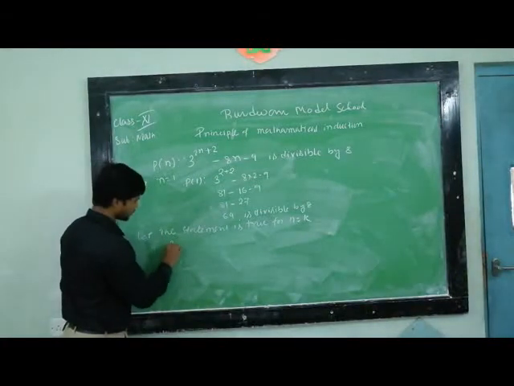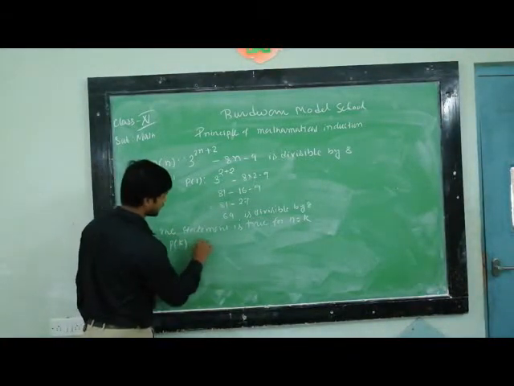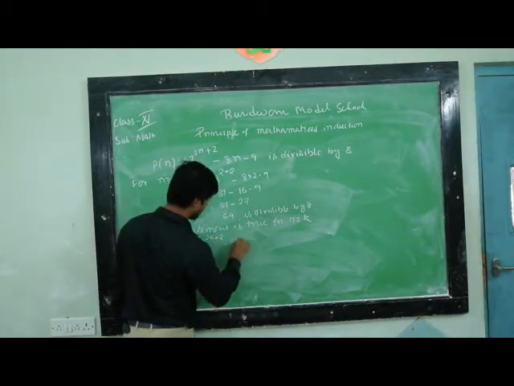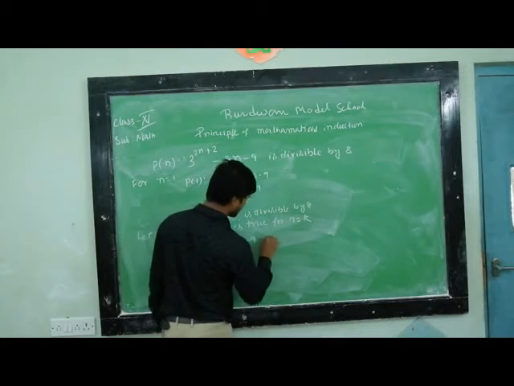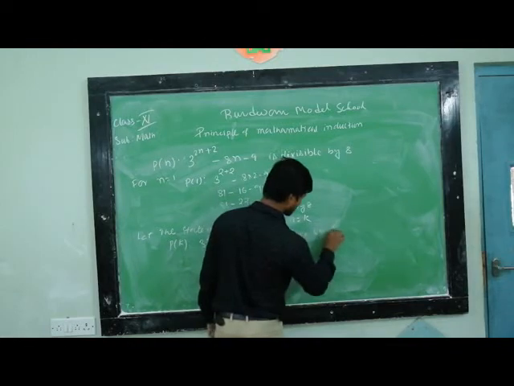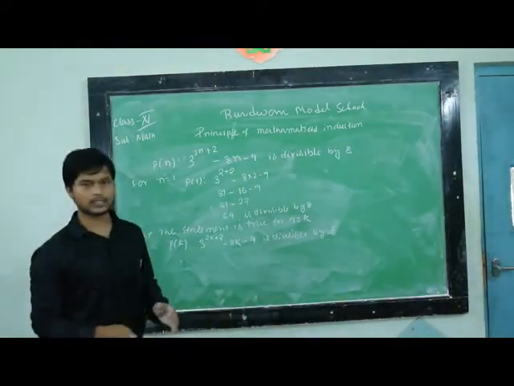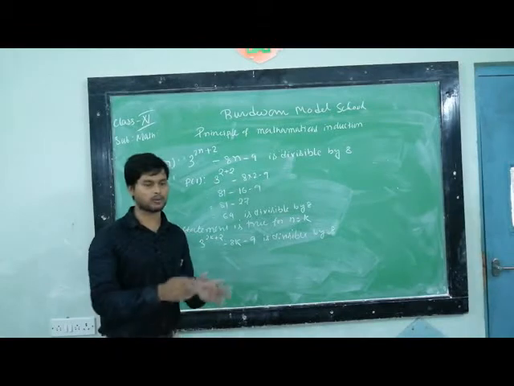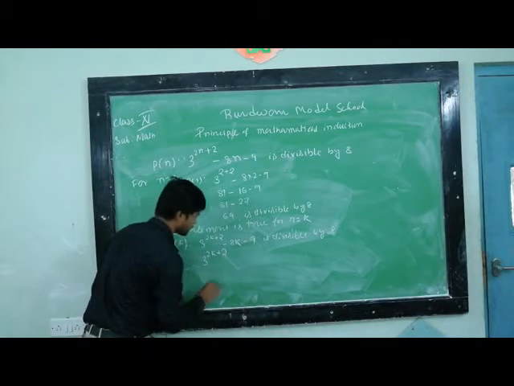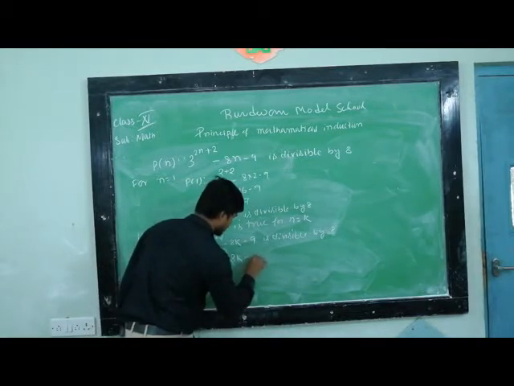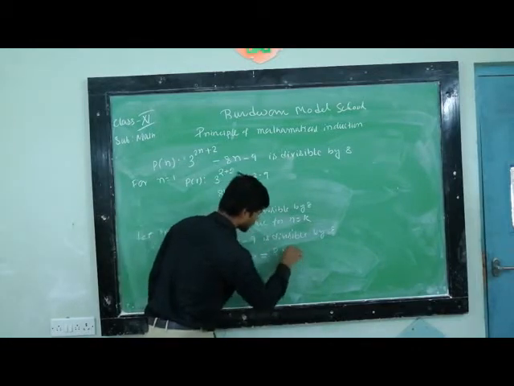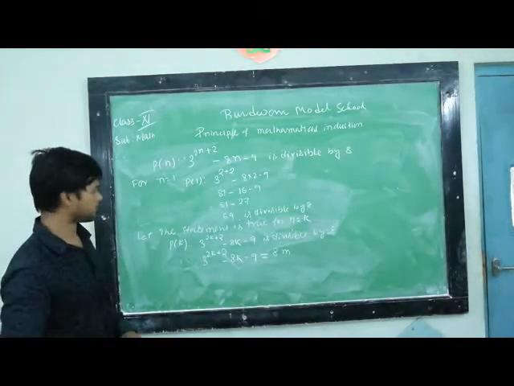That means this expression 3 to the power 2k plus 2 minus 8k minus 9 is divisible by 8, and anything divisible by 8 can be expressed in the form 8 into some constant. That means 3 to the power 2k plus 2 minus 8k minus 9, we can consider this is equal to 8 into some constant m, where m is any constant number.